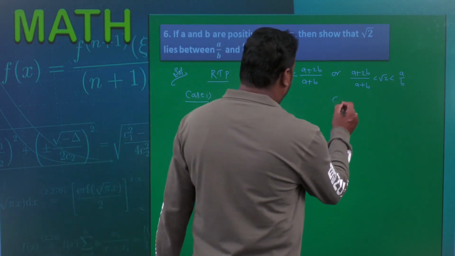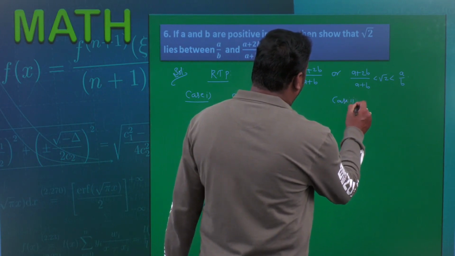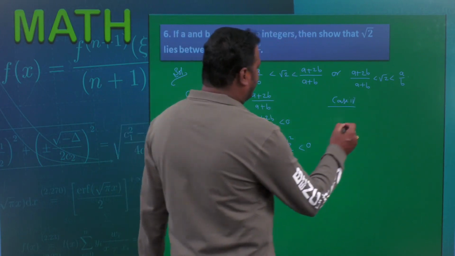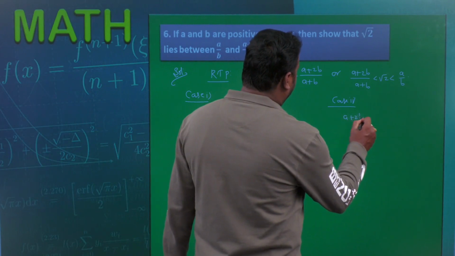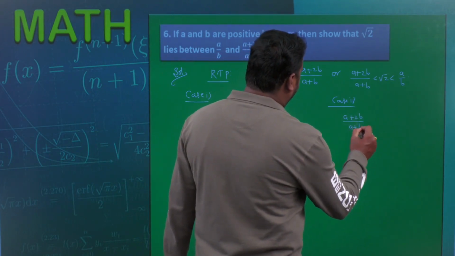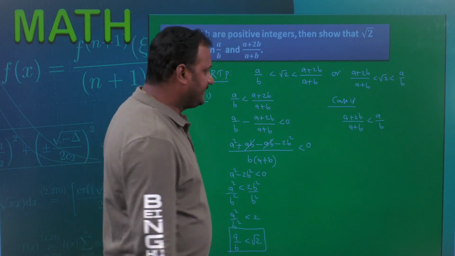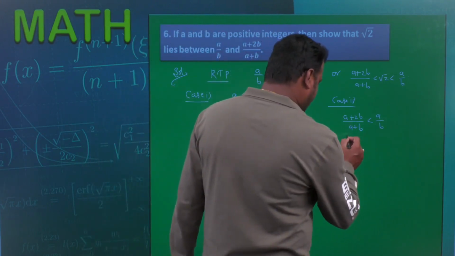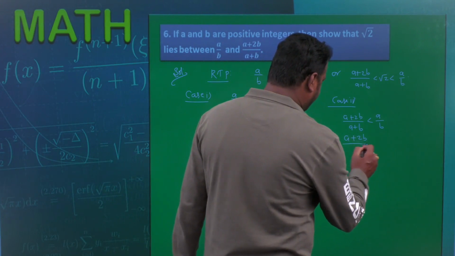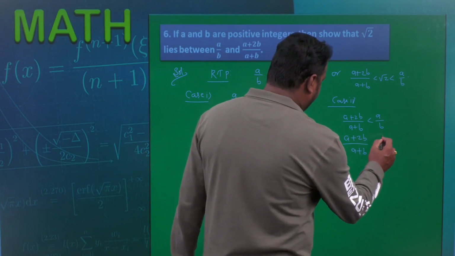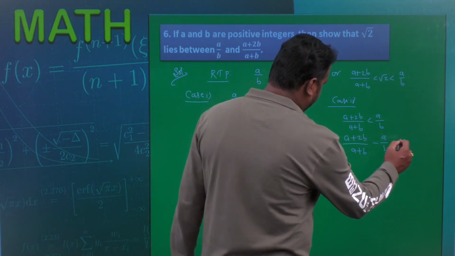And coming to case 2. So what is this case 2? In the second case, for example, a plus 2b divided by a plus b is less than a by b. Suppose this is less than, then we do one thing: a plus 2b divided by a plus b minus a divided by b is less than 0.